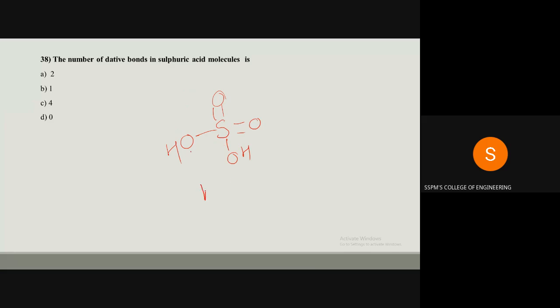So this is the molecular formula of H2SO4. So there are no bonds which are dative bonds. Dative bond means coordinate covalent bond.